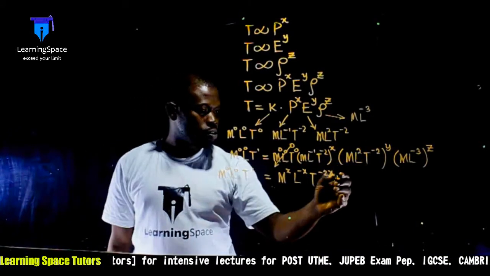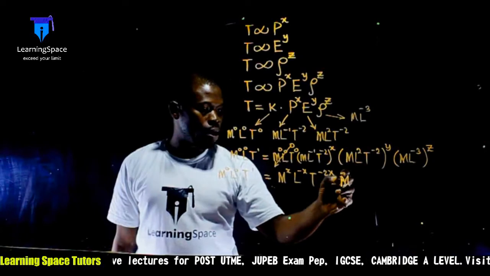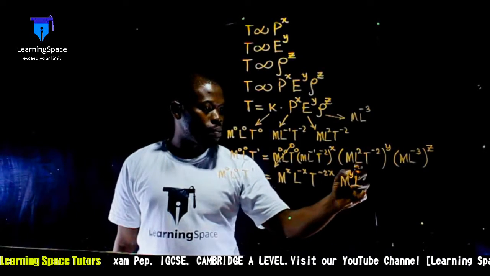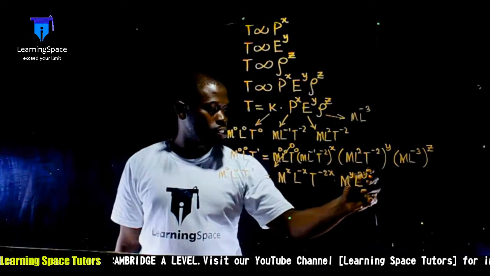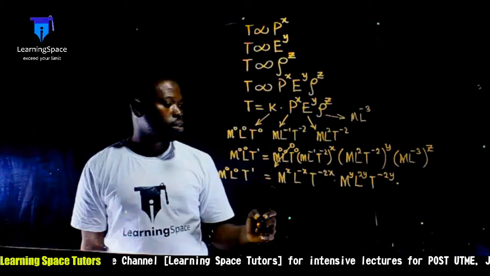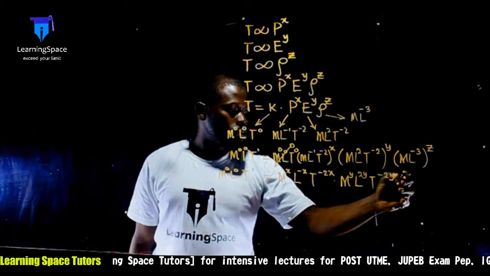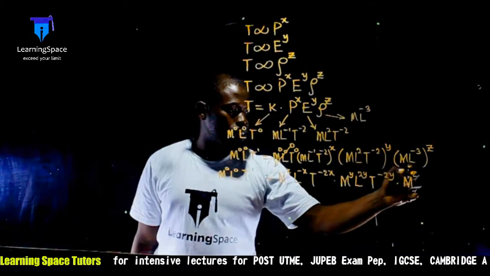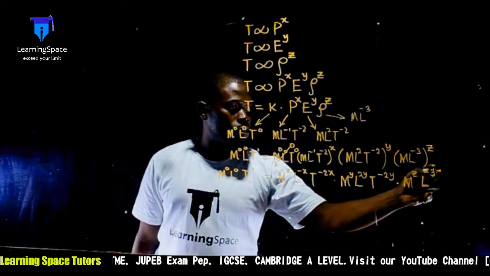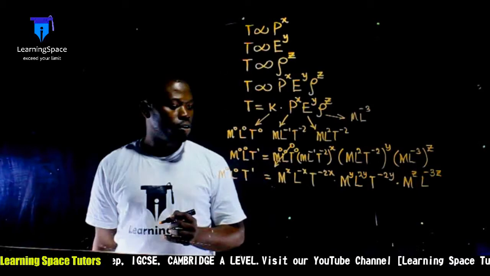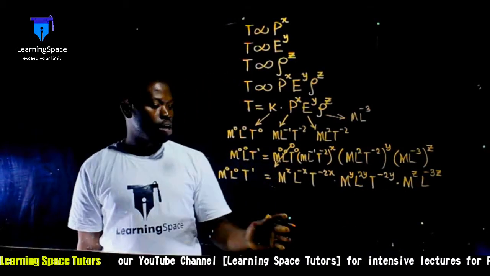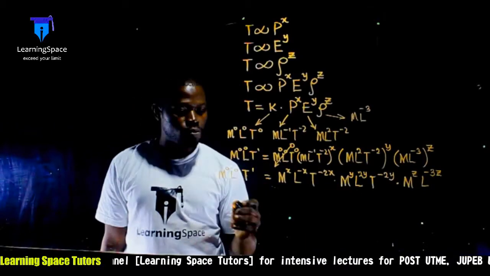Then here we have M^y, L^2y, T^-2y. Then in the third part, we have M^z and L^-3z.